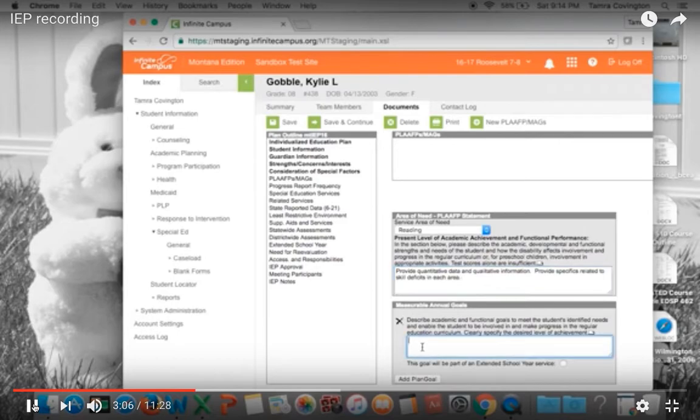Typically, students that are identified as cognitive delay require short-term objectives in their IEP. But in this particular case, I'm just going to have you write measurable annual goals.